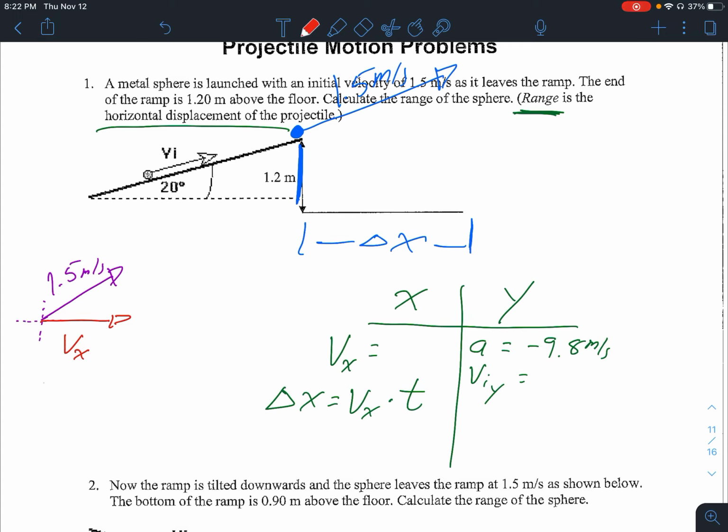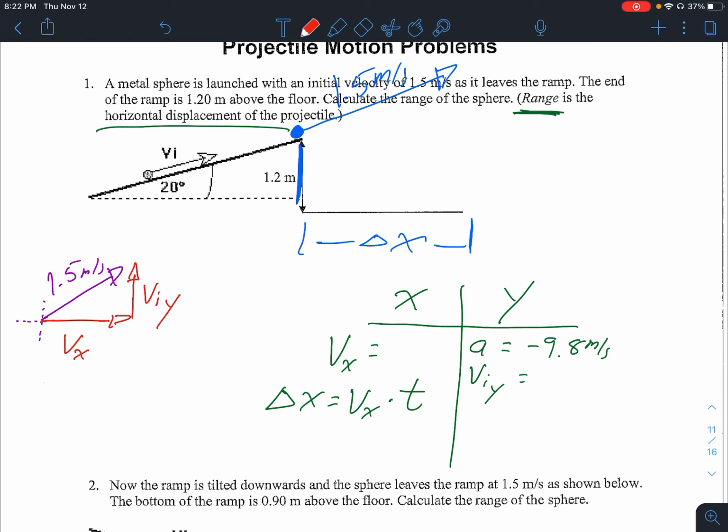So the whole time that ball is moving, its horizontal component is constant. Its vertical component is not going to be constant. So we're only going to look at its initial velocity for right now, for what this question is asking us. So it's its initial y component.